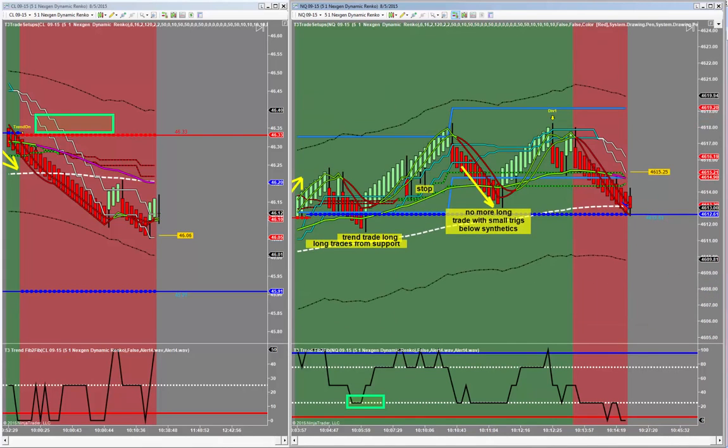In order for us to think about doing long trades again, we're going to have the small triggers break above our synthetic triggers.